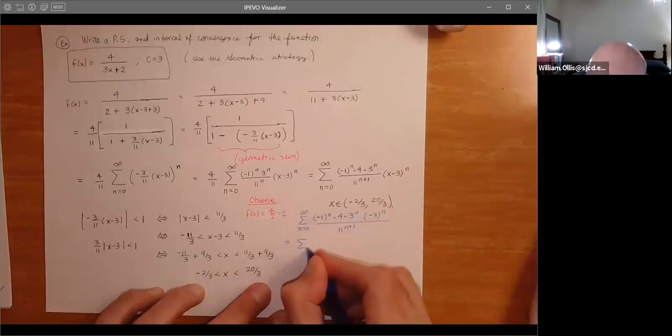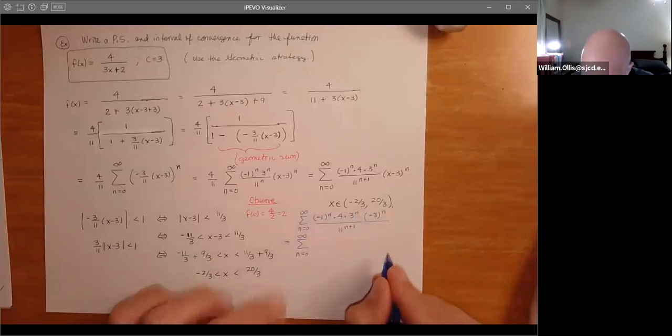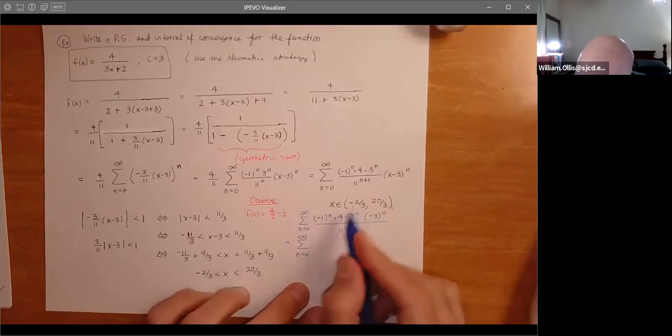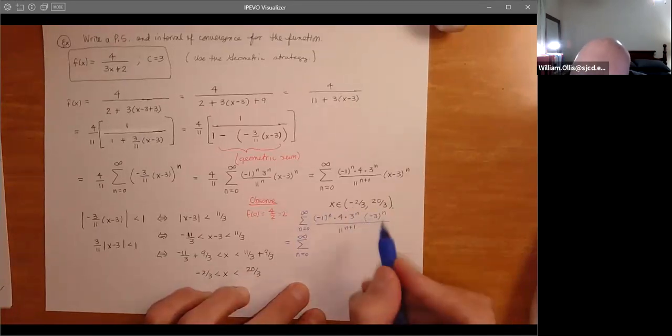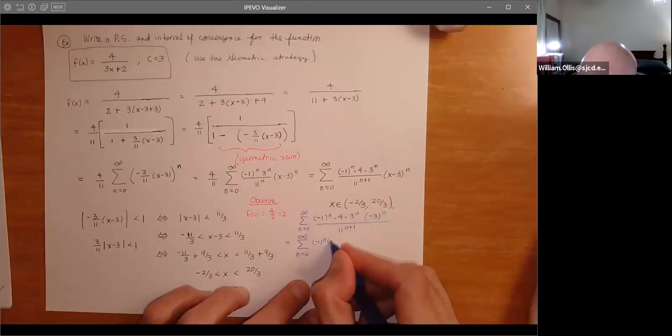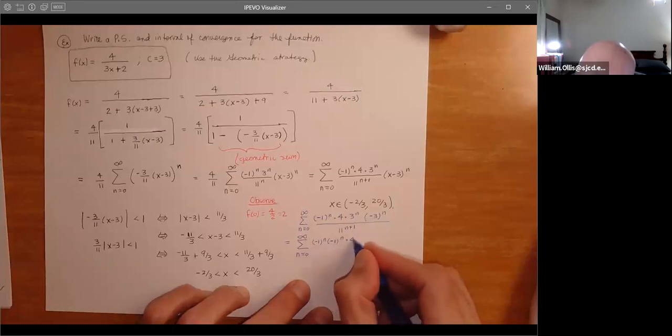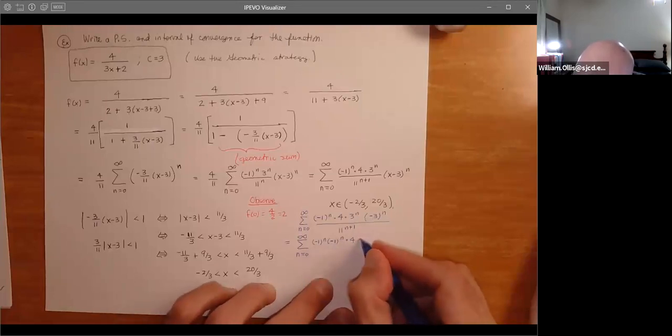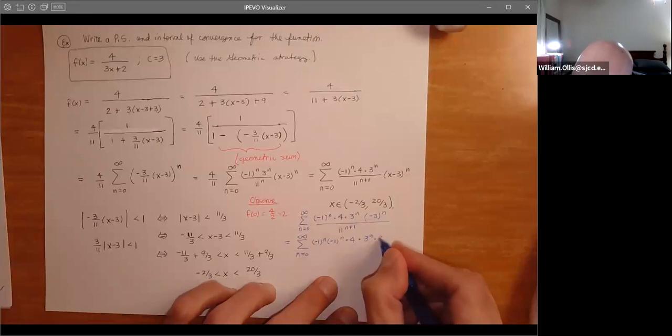So we have the series n equals 0 to infinity. Just a little sidebar here. Now notice we've got an extra copy of negative 1. So we have negative 1 to the n times a 4 times, and now of course we have a 3 to the n and another copy of 3 to the n.